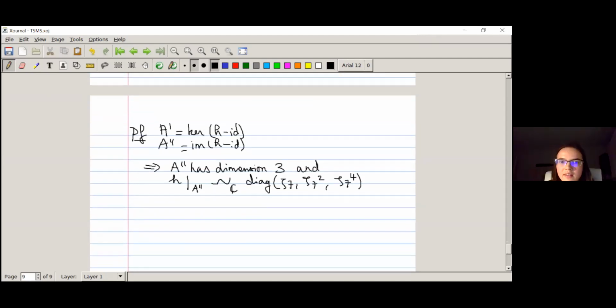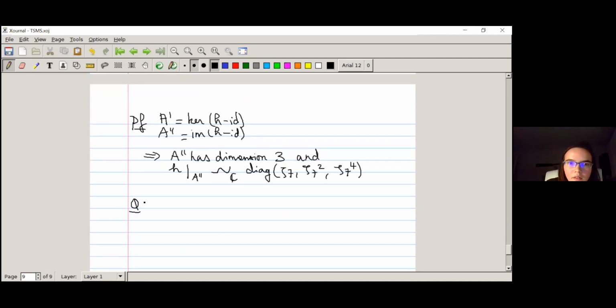And now the question is, is A prime prime isogenous to EU 7 to the 3? Or why? So maybe a first remark is that on E zeta 7 is not acting by an automorphism.